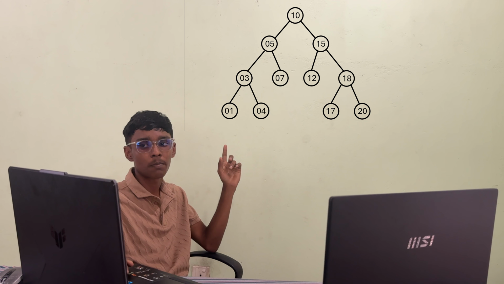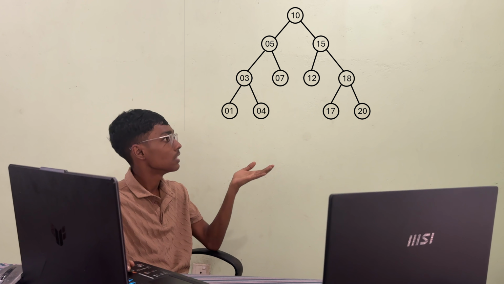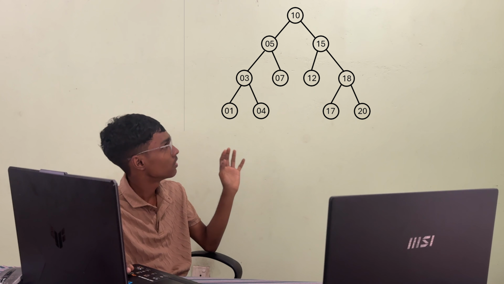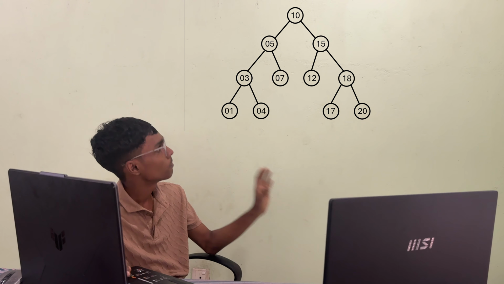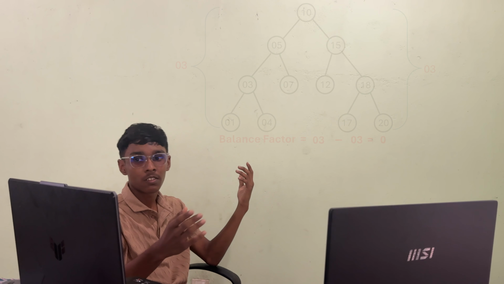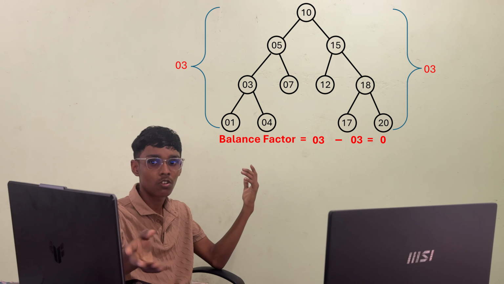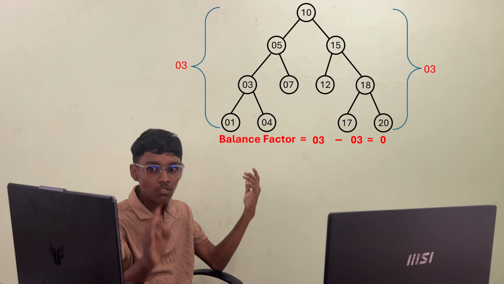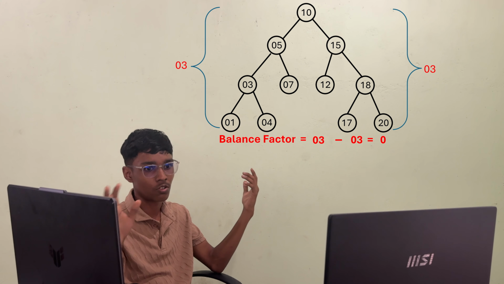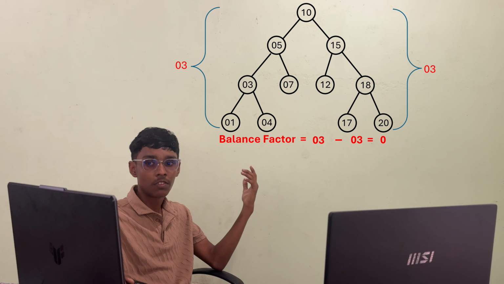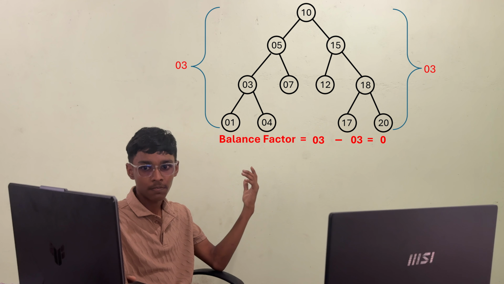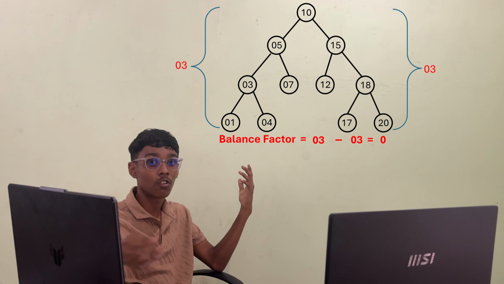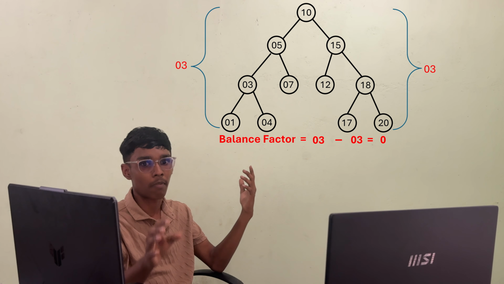Let me show you an example. This is a tree that is perfectly balanced. The right side has 3 nodes and the left side also has 3. If we subtract them, it becomes 0. I already told you that 0 is a perfect balance.